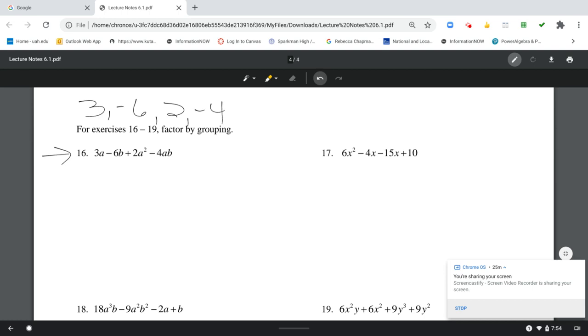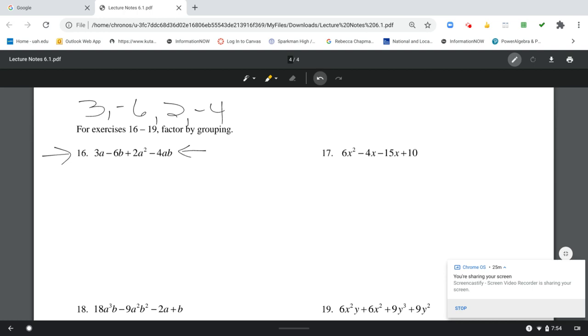But since 3 does not have that 2 in common, you do not have a common factor. If you look all the way across, all the terms do not have A and B. Some of them have A's, some of them have B's, but not all four of them have A and B. So we have no greatest common factor.